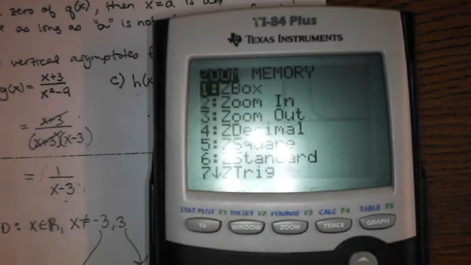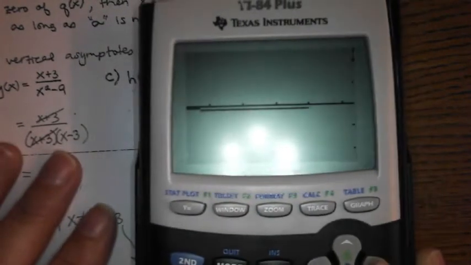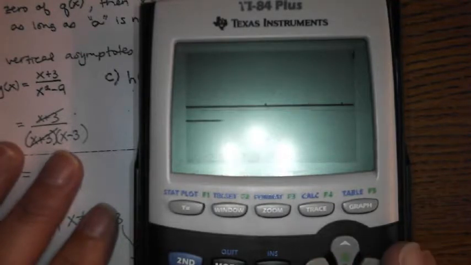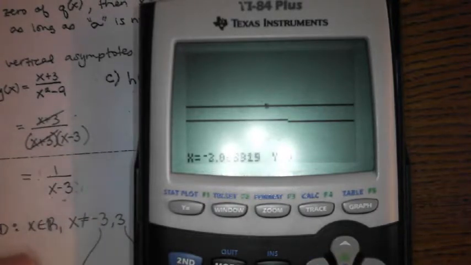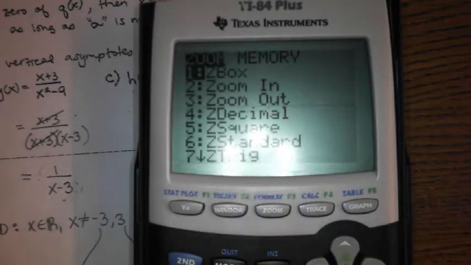And if you zoom in to that section of the graph, negative 3.1. Still not showing it. If I zoom in again, will it show it? No. I think it's a pixel reason. Sometimes our graphs will show it, and sometimes they won't.